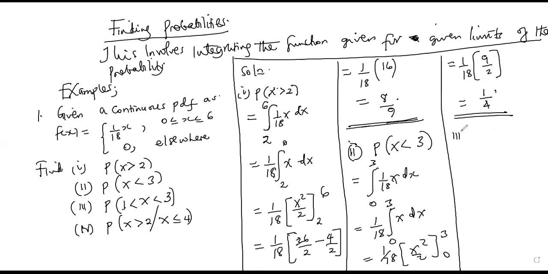For Roman 3, probability of 1 less than x less than 3. We say that this is the same as 1 less or equal to x less or equal to 3. And then when we are integrating, it's going to be the integral from 1 to 3, because there you're given direct range, 1 to 3 of 1 over 18 x dx.